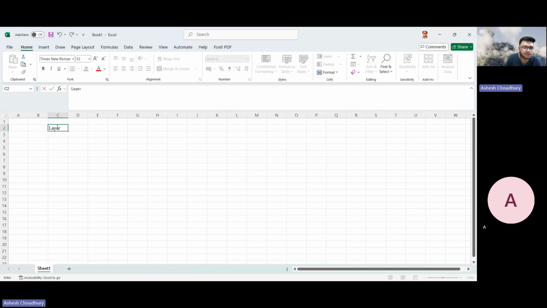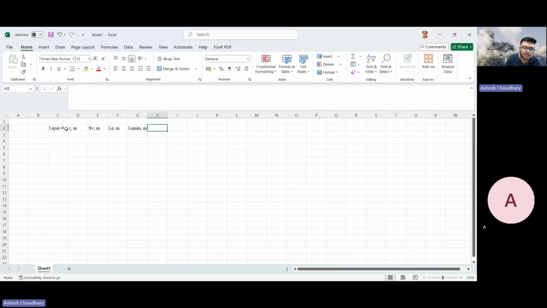Here, layer number. Then we have Z in meters. Then we have SV in meters. Then we have LE in meters. Then LE minimum in meters.